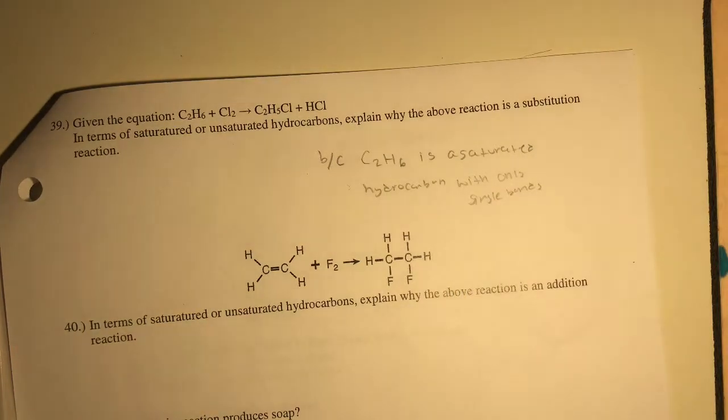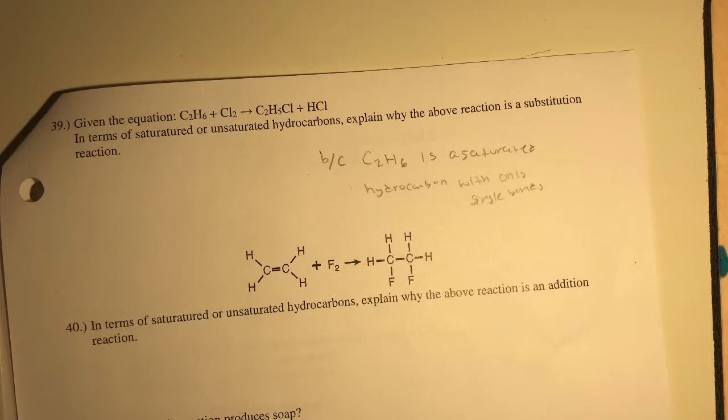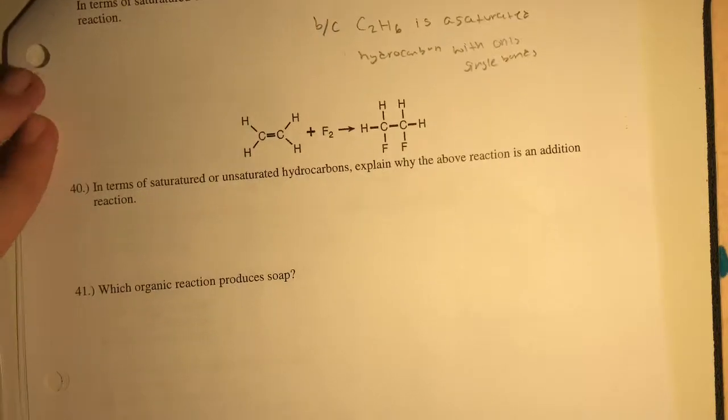So it's pretty much asking you, how do you know if C2H6 is saturated? Well, it's basically asking you why this is substitution. It's substitution because C2H6 is a saturated hydrocarbon with only single bonds. Yeah, okay. So 40.